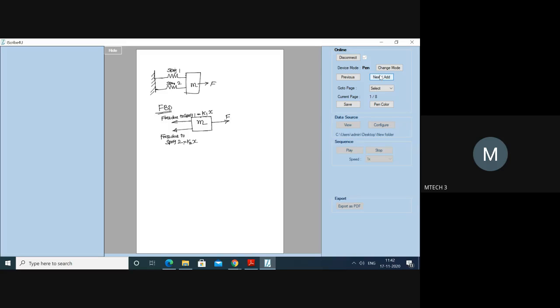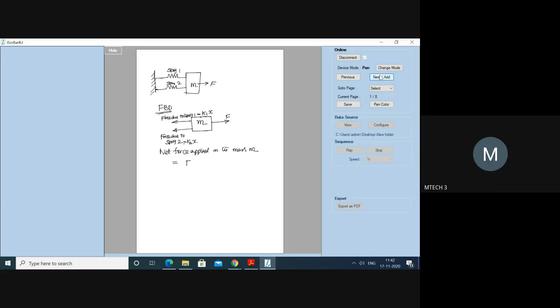Now you write down the net force equation. What is the net force applied on the mass M equal to? Tell me.